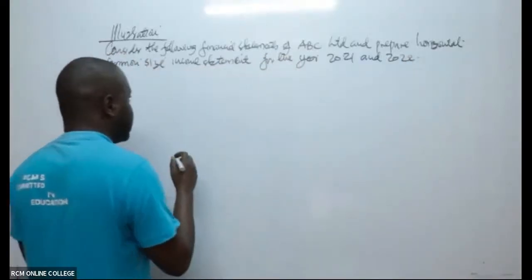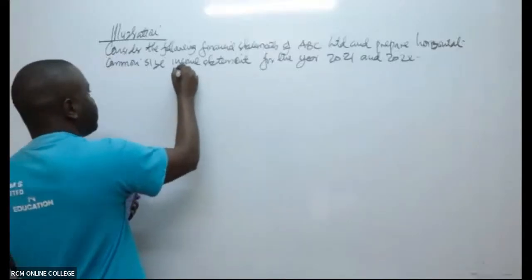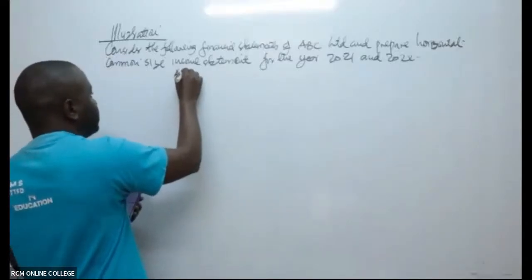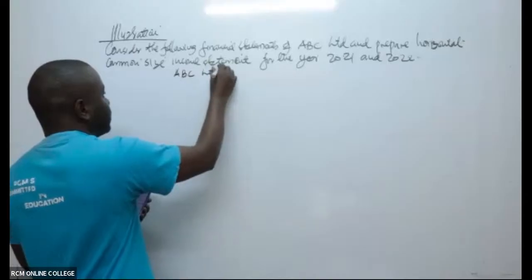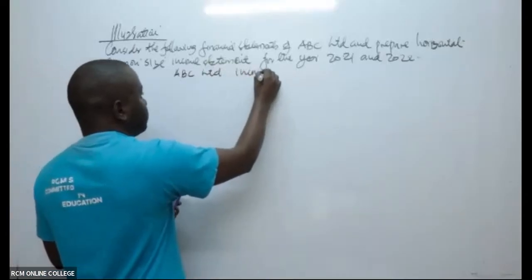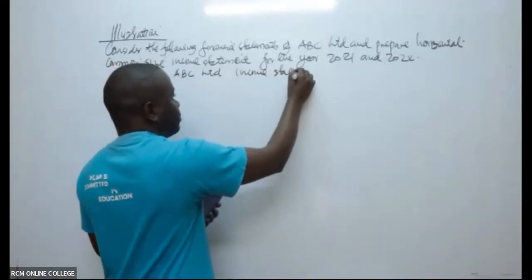So we can have the income statement here. We have ABC Limited income statements.